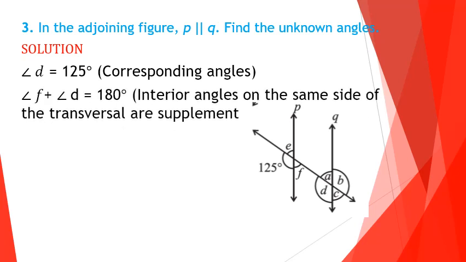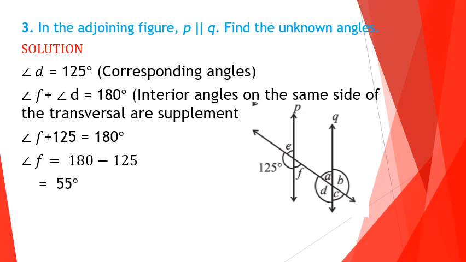Angle F plus D equals 180 degrees. Interior angles on the same side of the transversal are supplementary. Here it is given angle D equals 125, hence angle F equals 180 minus 125, that is 55 degrees.